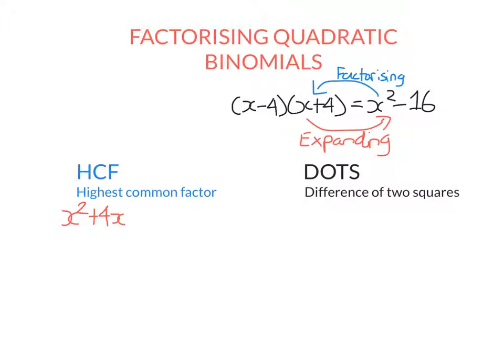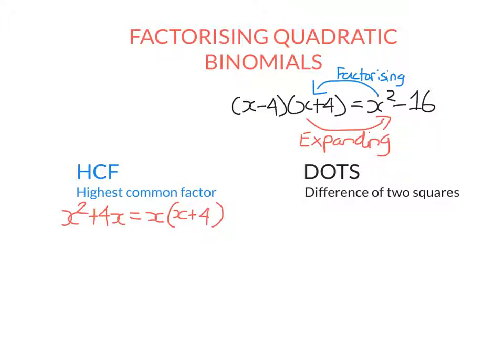So what we do is we write the highest common factor outside the bracket. So the highest common factor is x. So then in the brackets we say, okay, what do I times by x to get x squared? Well, that's just x. Then what do I times by x to get positive 4x, the second term? Well, that's positive 4.